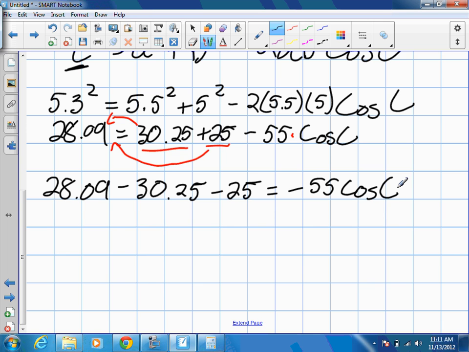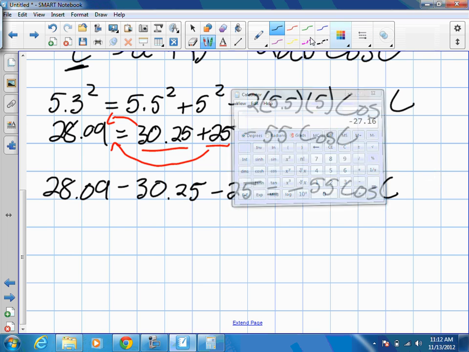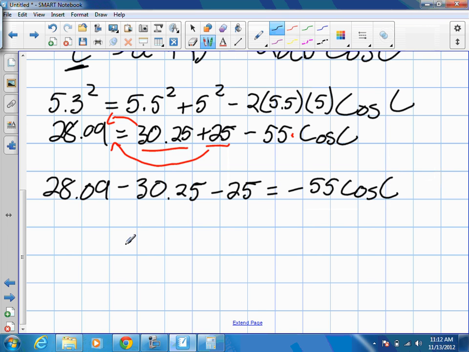Okay? So, 28.09 subtract 30.25, subtract 25, negative 27.16. So we have negative 27.16 is equal to negative 55 cos C. We're trying to isolate C. So because this is negative 55 times cos C, how do I move 55 over?